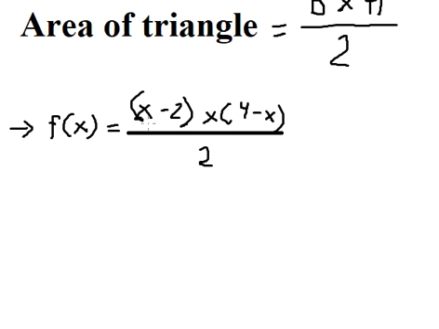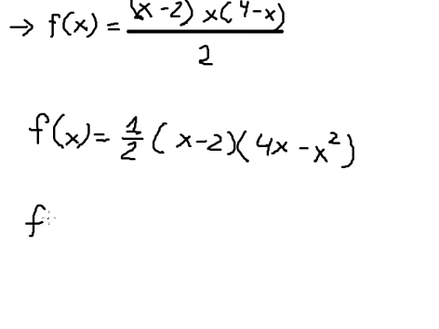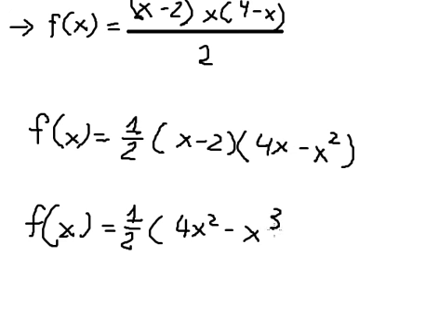And now we need to expand. So x multiplied by 4x and x squared, and negative 8x plus 2x squared.